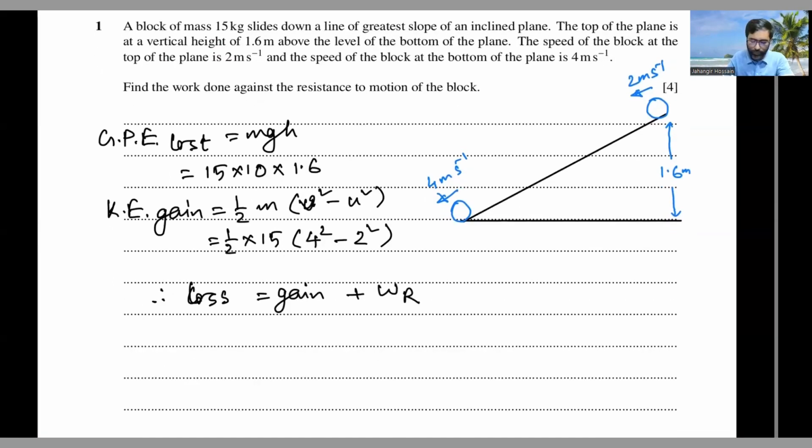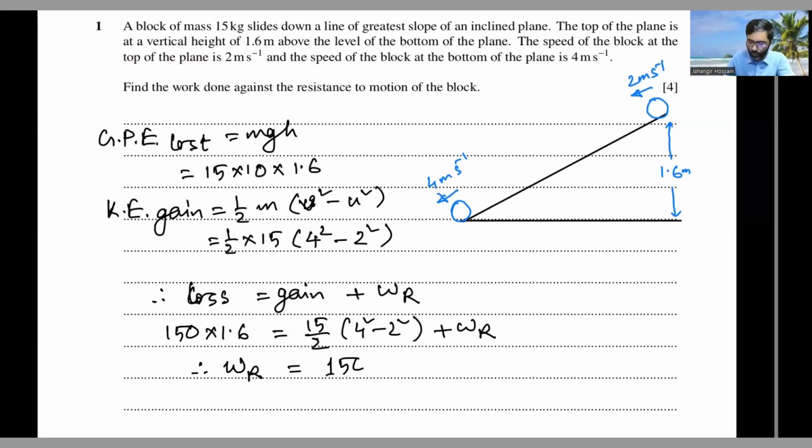So we have GP loss 150 into 1.6, KE gain 15 by 2 into 4 squared minus 2 squared, plus work against resistance. So calculate this one and you will have work against resistance equal to 150 joules. So work against resistance is equal to 150 joules.